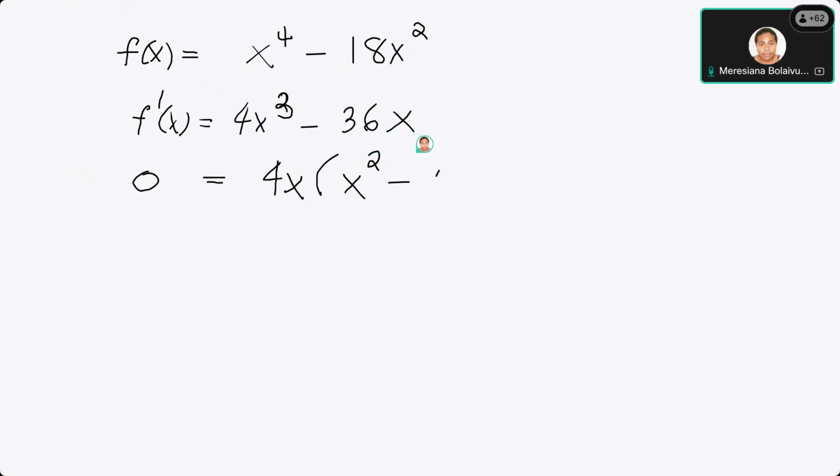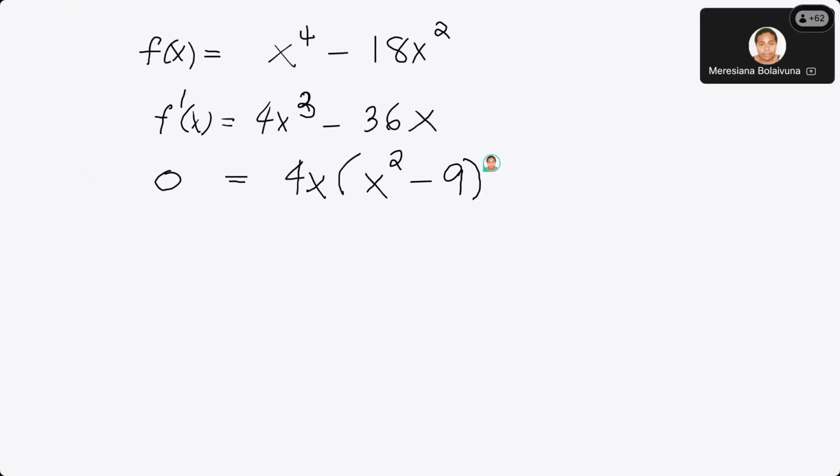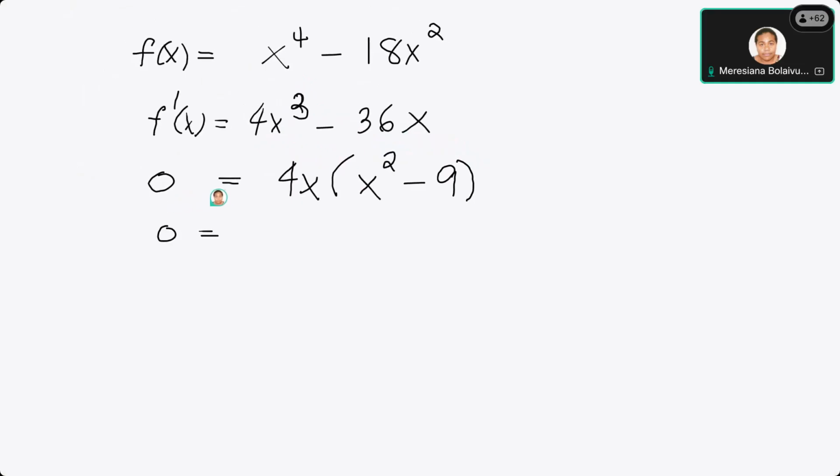X squared minus 9. Can you factorize x squared minus 9? What do you get? X minus 3 and x plus 3.